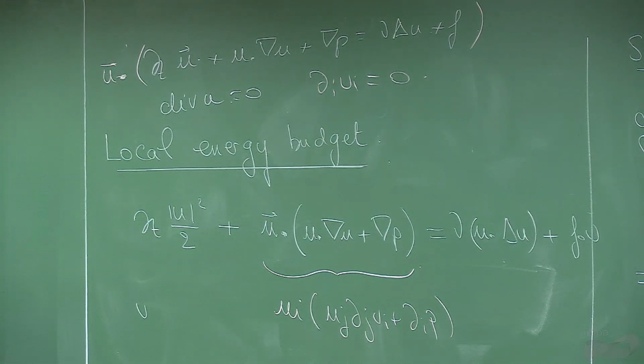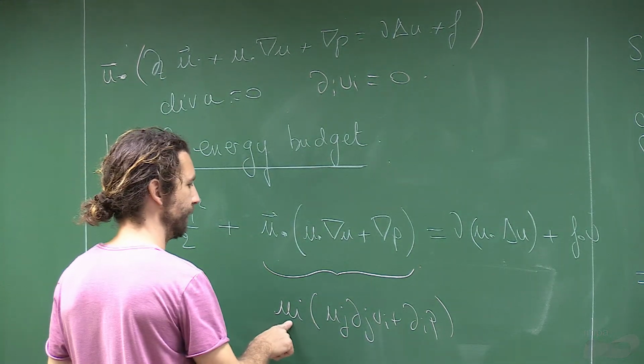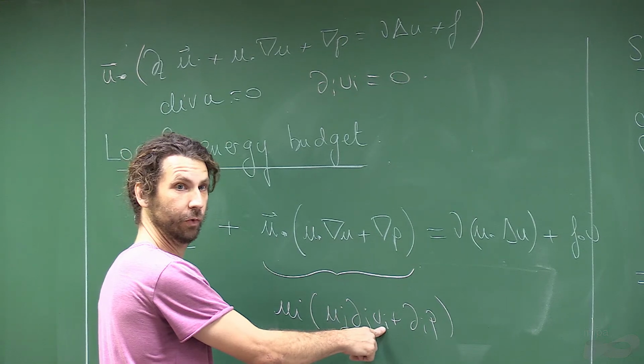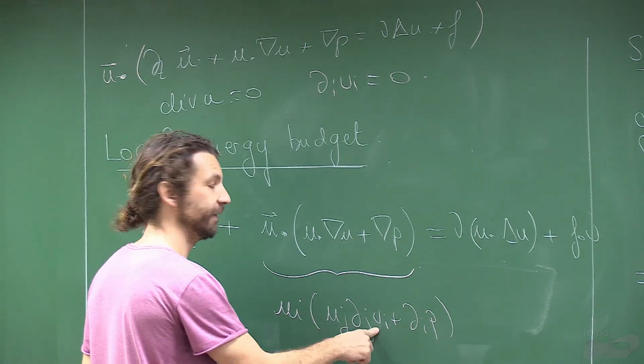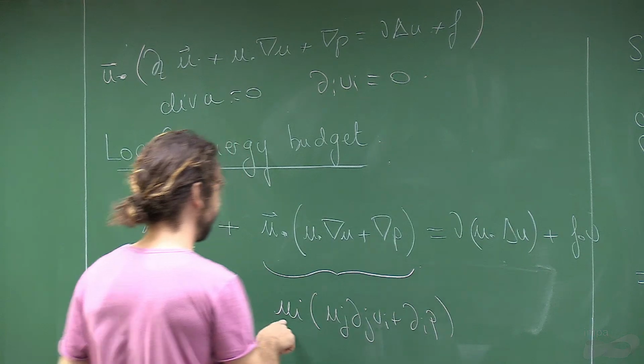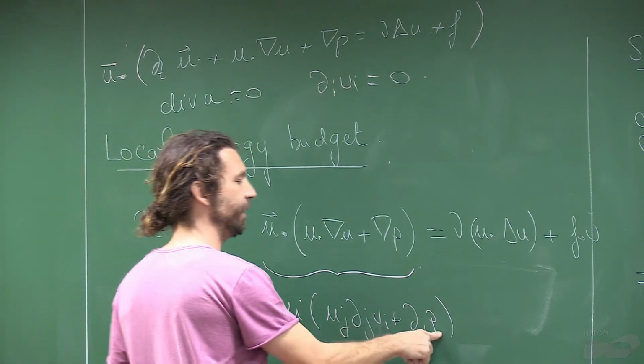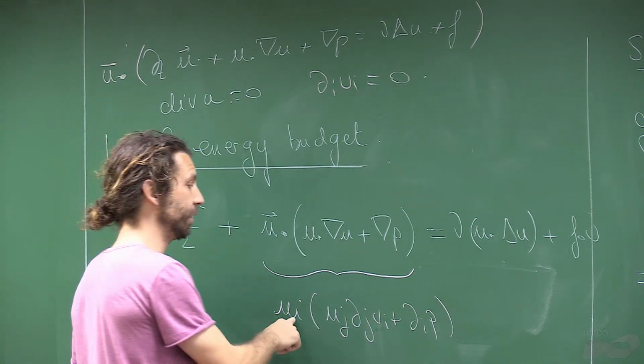If you make use of this fact, then the ui and the ui combine to become a square, and then you can put this inside. And the same for ui di of p, because of the incompressibility condition, it enters.